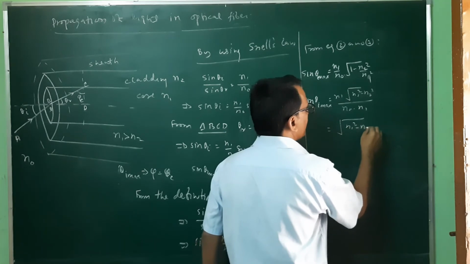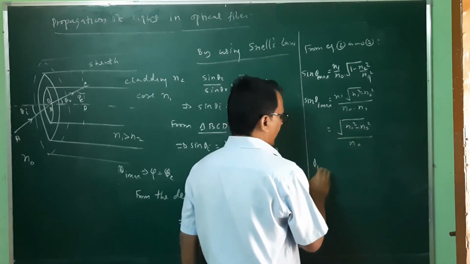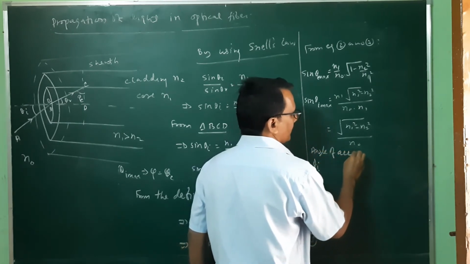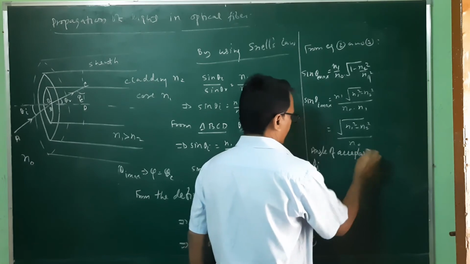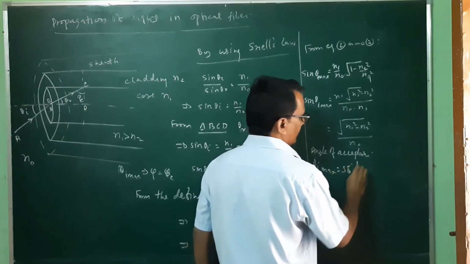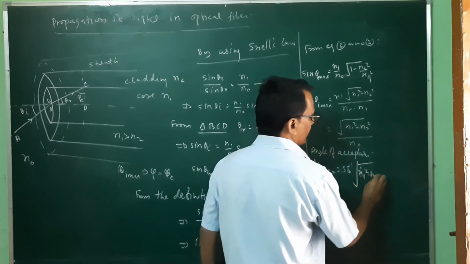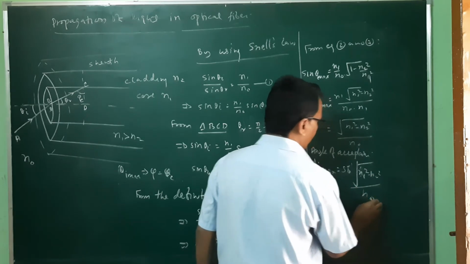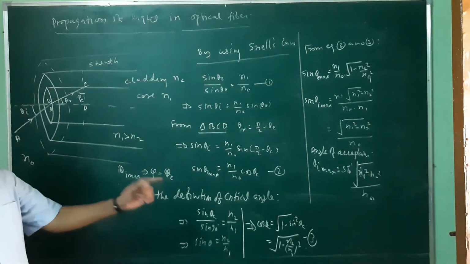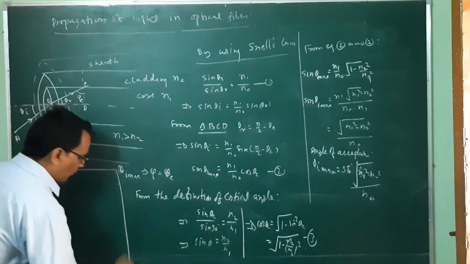And this theta I maximum is known as the angle of acceptance: theta I maximum is equivalent to sine inverse of root of N1 square minus N2 square by N naught. In general the first medium is air, so N naught is taken as 1.